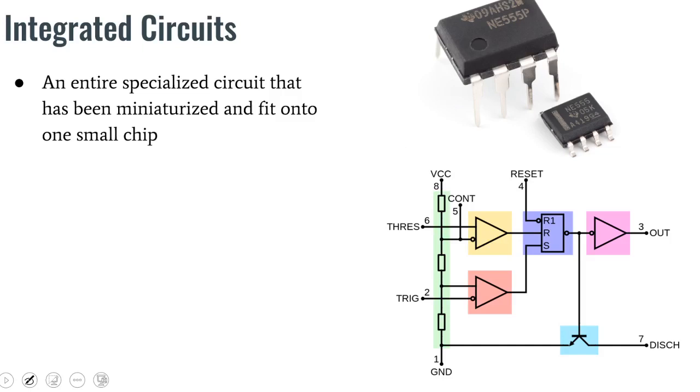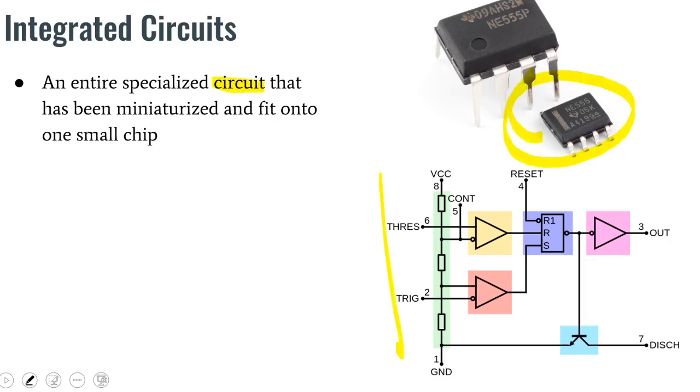Then another interesting concept that we would come across quite a bit in electronics is what are called integrated circuits. They are basically a way to fit a circuit inside a chip.